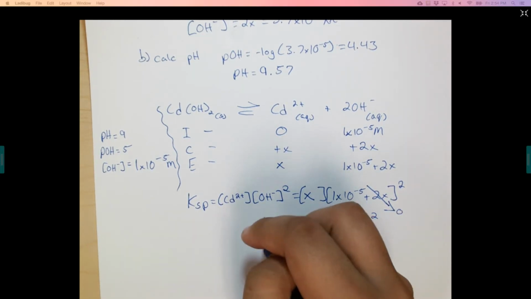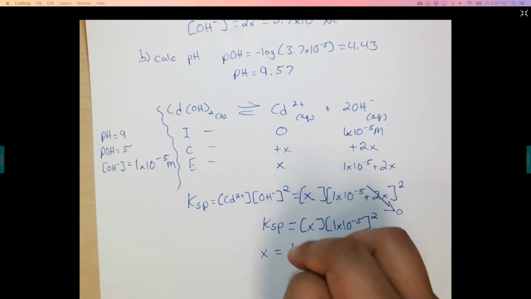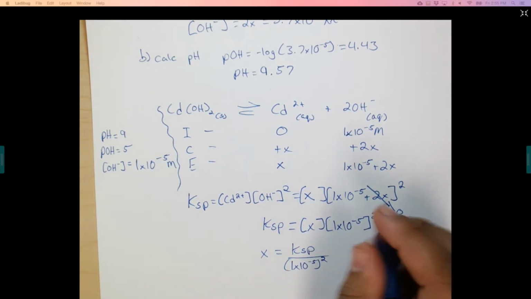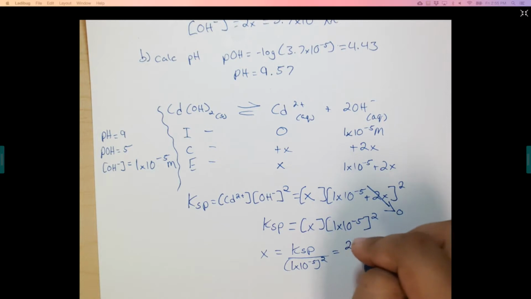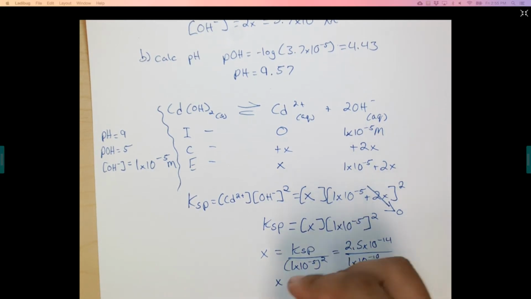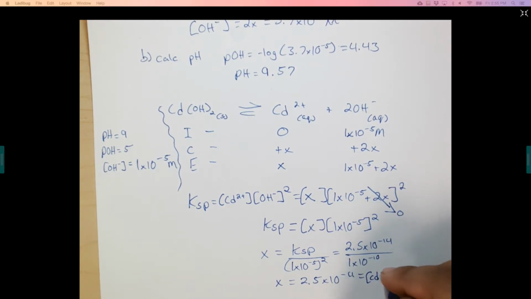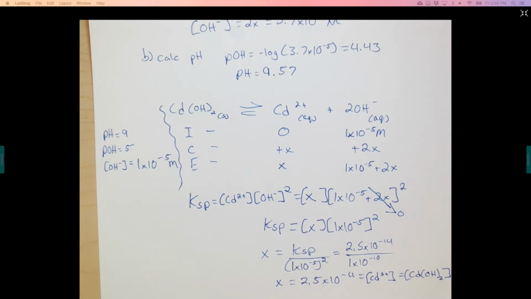Now we can solve for x using KSP, and we see that x is equal to KSP all over (1 times 10 to the -5) squared. That's equal to 2.5 times 10 to the -14 all over 1 times 10 to the -10, and therefore x gives us 2.5 times 10 to the -4, which is equal to the cadmium 2+ concentration, which is also equal to the molar solubility of our salt.